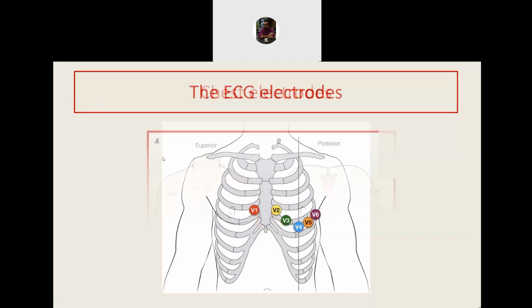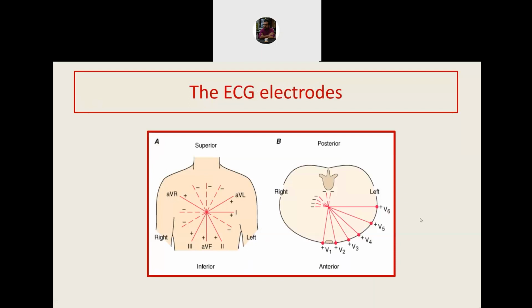Let us now talk about the standard limb leads and the augmented limb leads. Here again we can draw a schematic heart and try to understand what they are looking at. Suppose this is a heart, and the plus ends are where the eyes of the lead are.